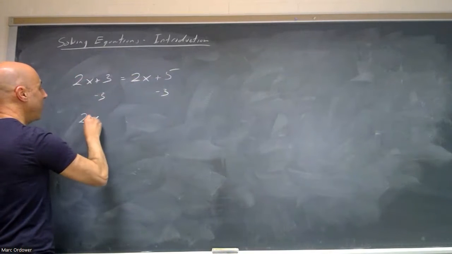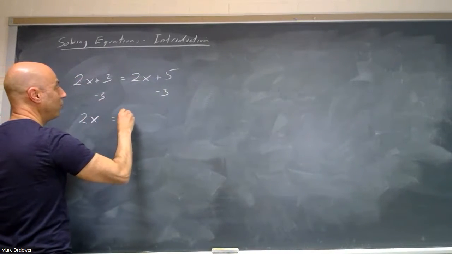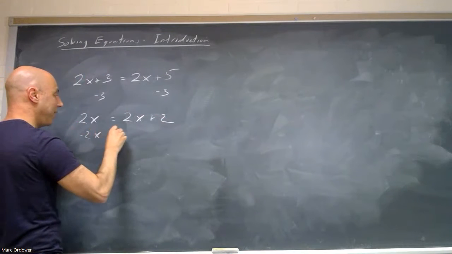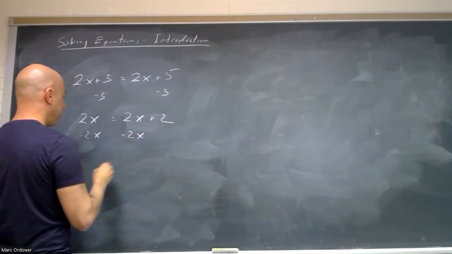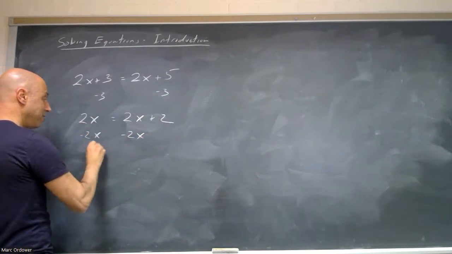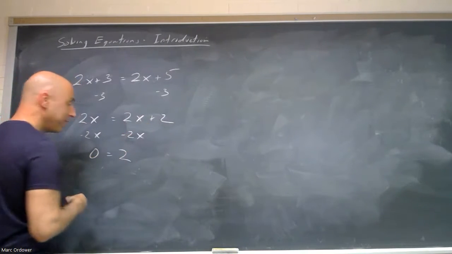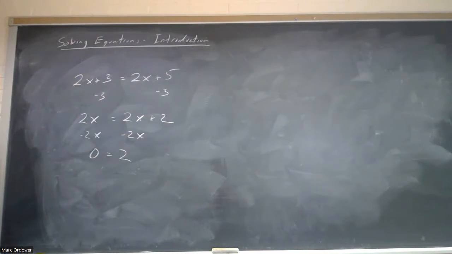So we end up with 2x equals 2x plus 2. I can subtract the 2x from both sides. And that gives me 0 on this side, and the 2x's cancel out here. I have 2. And you might be looking at that, what you end up with here is 0 equals 2, and wonder what that means.